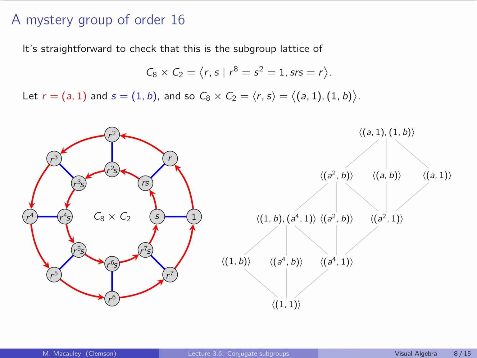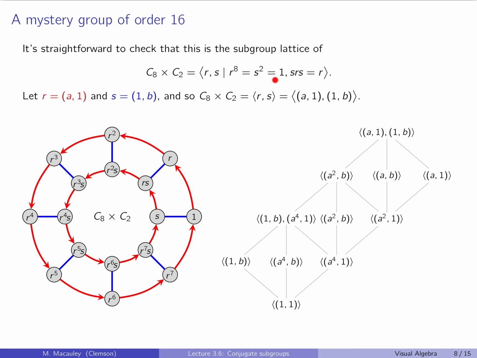Okay, here's the answer. It is straightforward to check that the subgroup lattice we saw is that of the abelian group C8 cross C2, which is generated by R and S, where R has order 8, S has order 2. Well, technically, we can just say that R to the 8 and S squared is equal to 1.